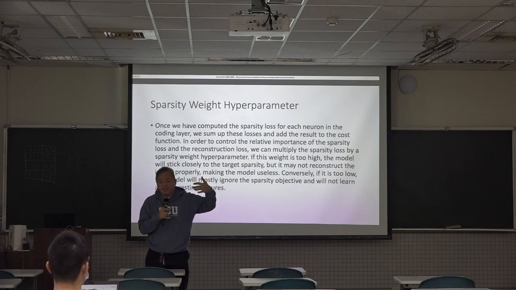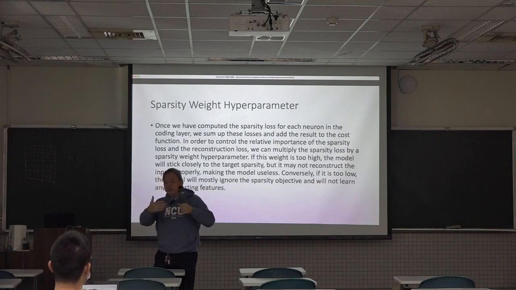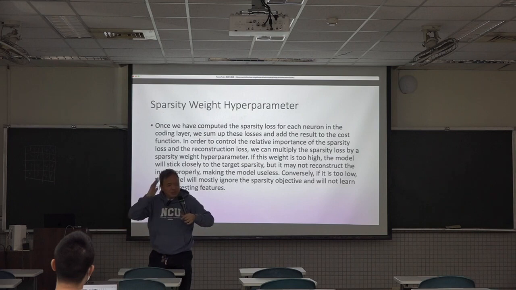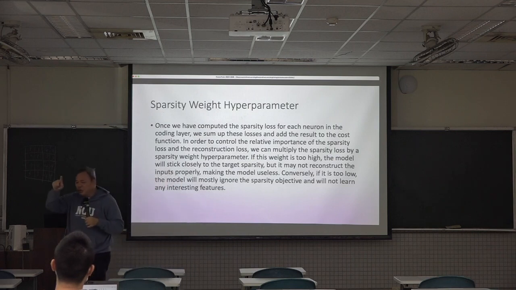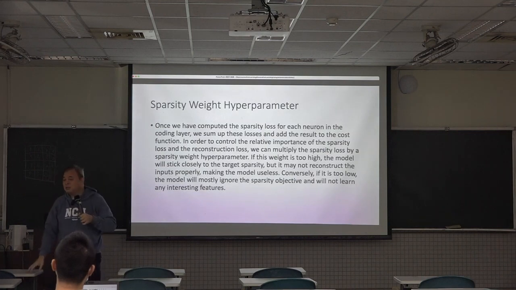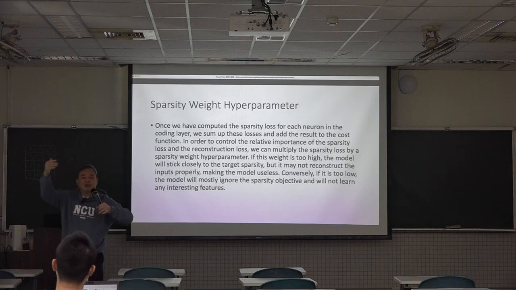The other one is the sparsity loss. When you set the sparsity to only 10%, this is obviously a constraint on the coding layer, and when you constrain the coding layer, it makes the reconstruction more difficult.